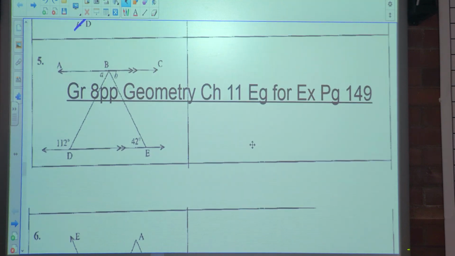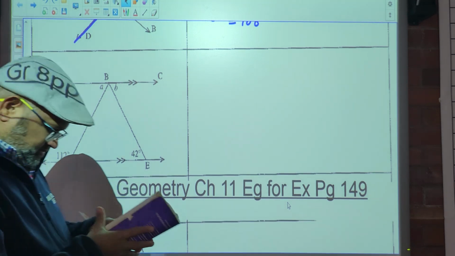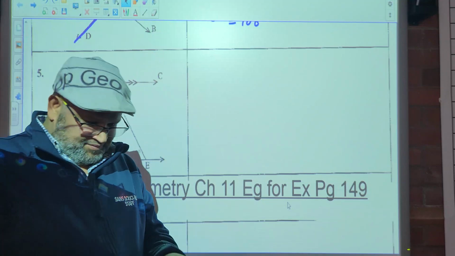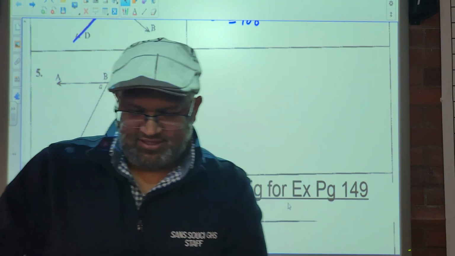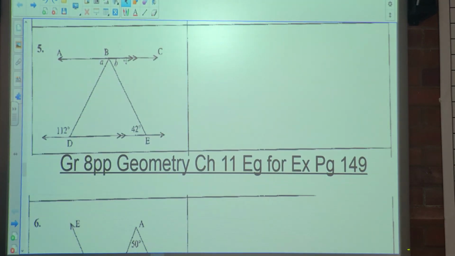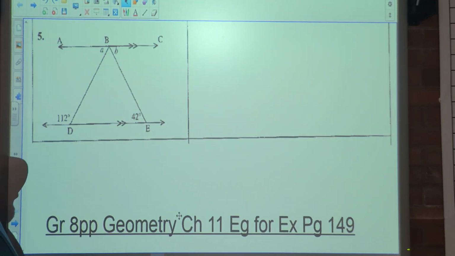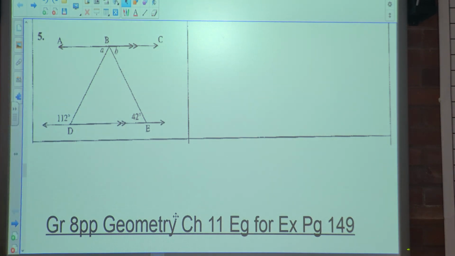So now we're looking at example 5, on page 148. In number 5, the question says, again, solve for the unknown letters, the lowercase letters.